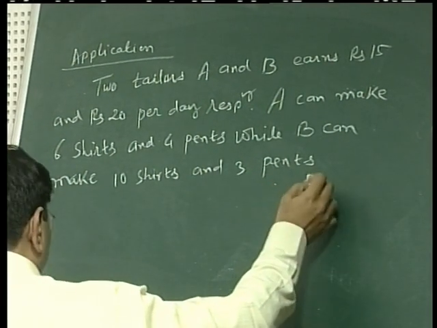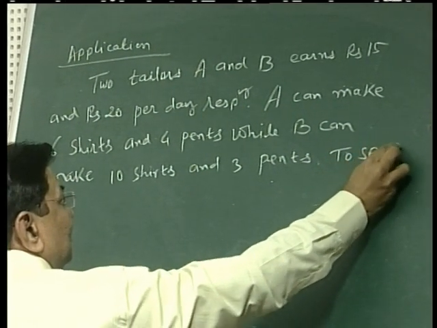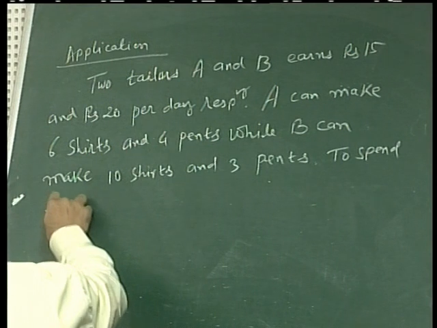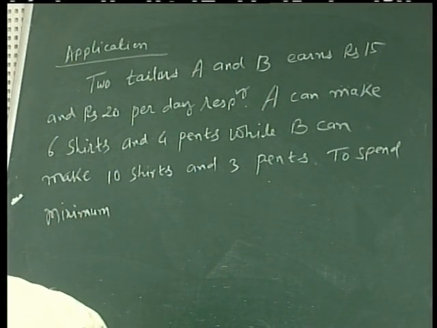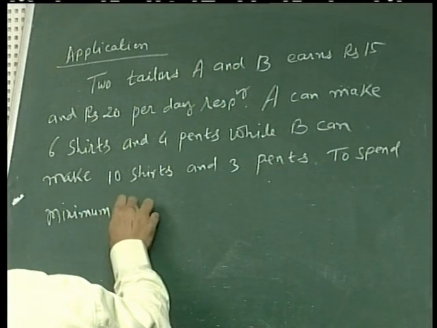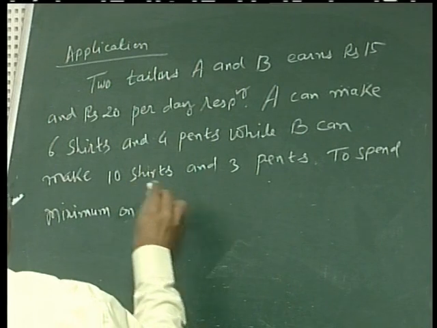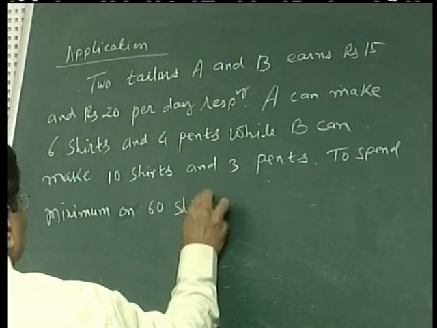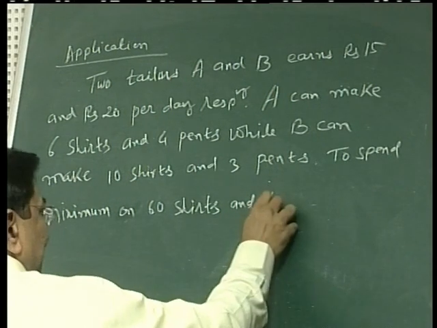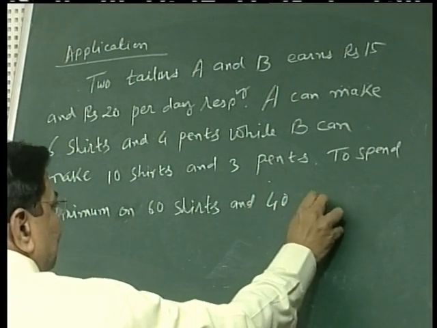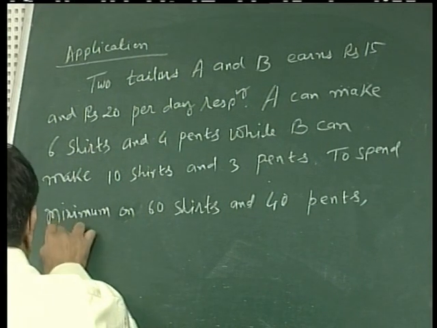To spend minimum on 60 shirts and 40 pants, formulate an LPP.